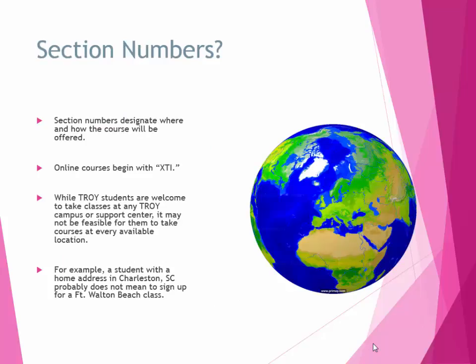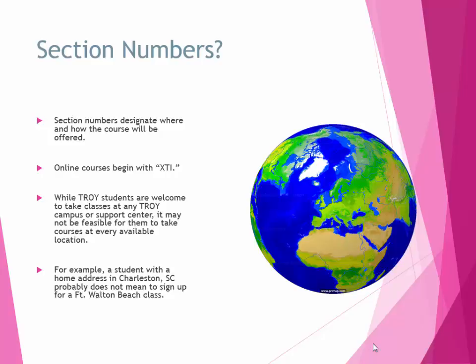And with our section numbers, it's pretty standard. I think this is probably one of the ones we have the hardest time paying attention to because we're so used to students registering for courses that have an XTI section number. And if it's XTI, that means it's online, which means that you can be anywhere in the world and take it. But there are occasions where you will see some other section numbers pop up.